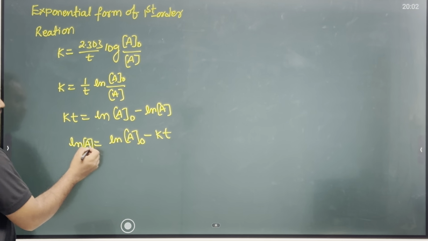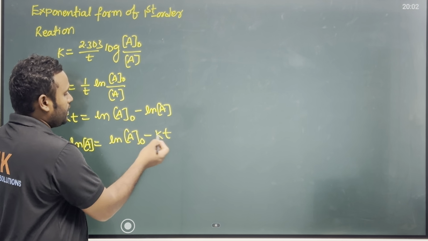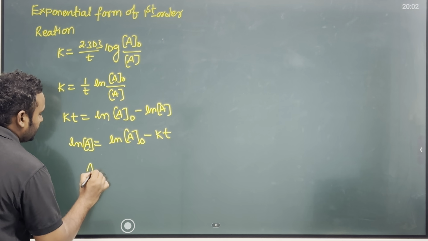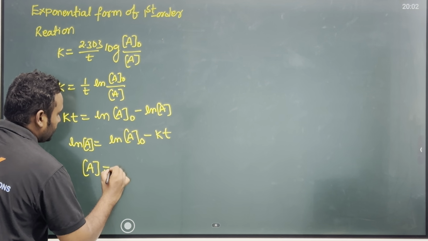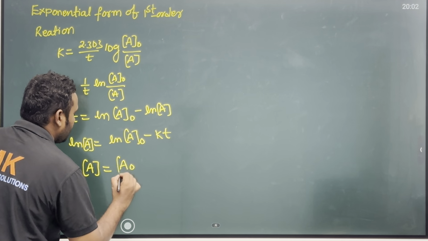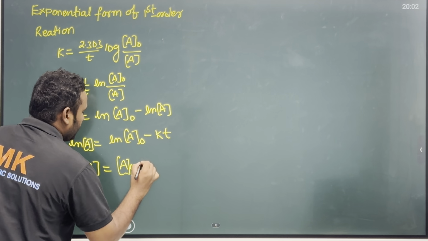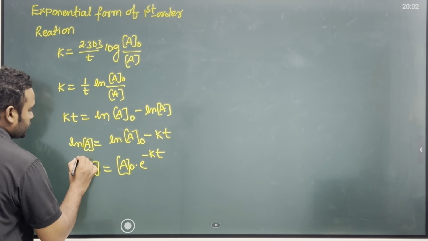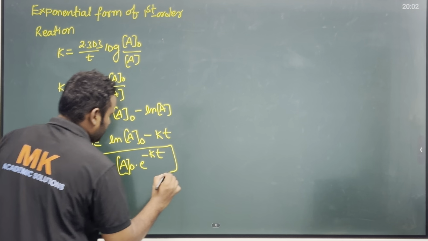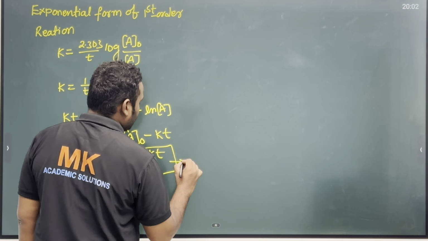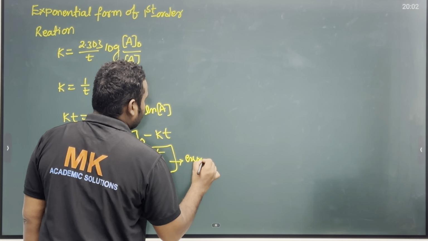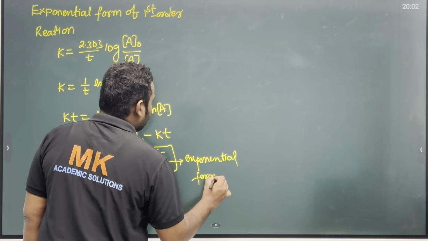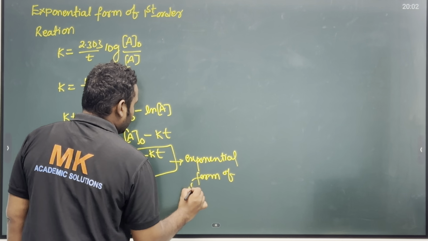And now remove the ln's. When you remove the ln's, it becomes A is equal to A naught into e power minus Kt. So this is known as the exponential form of first order reaction.